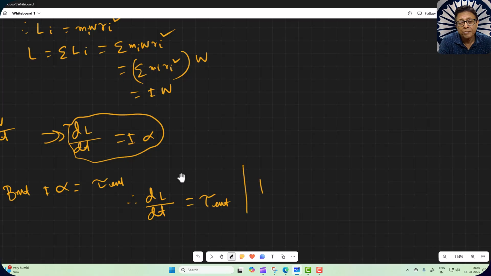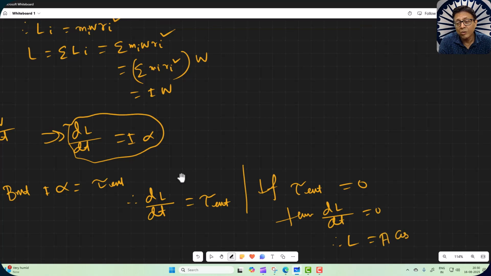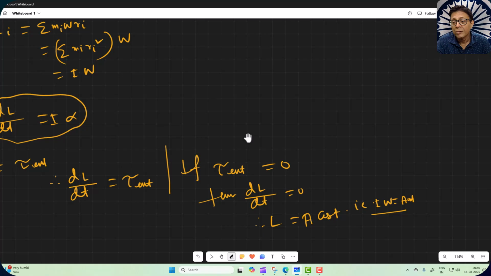Now, if tau external is 0, then dL by dt equal to 0. So L equal to a constant, that is I into omega equal to a constant. Okay. So moment of inertia and angular velocity product will remain constant. This is the principle of conservation of angular momentum for a rigid body.